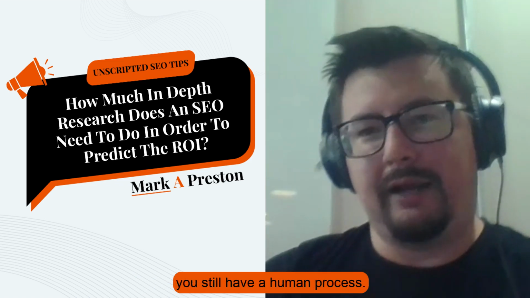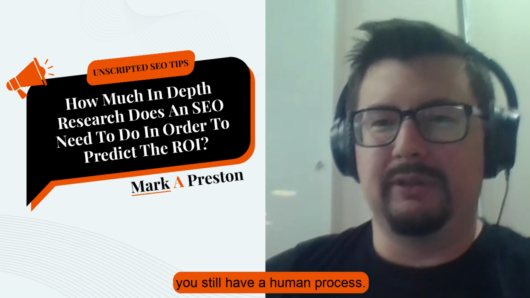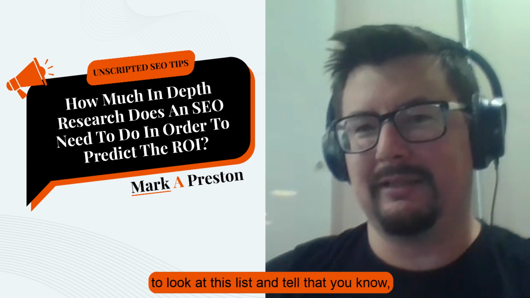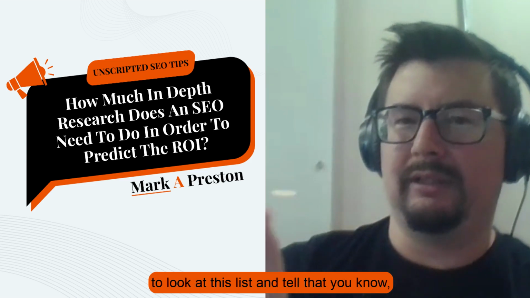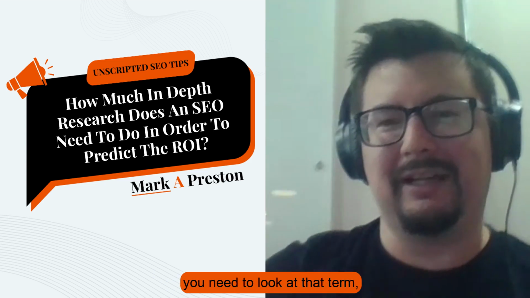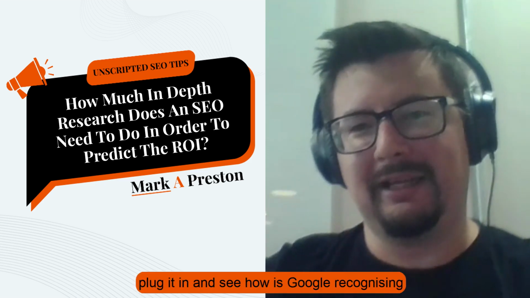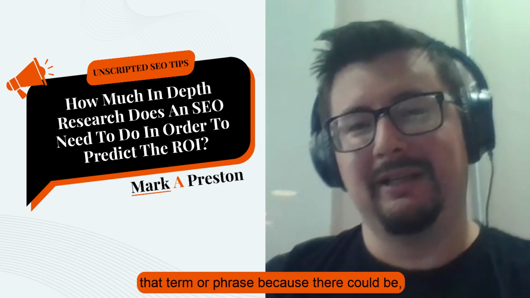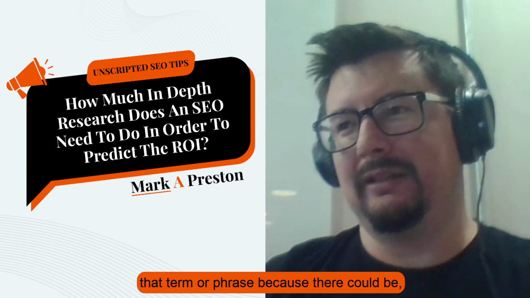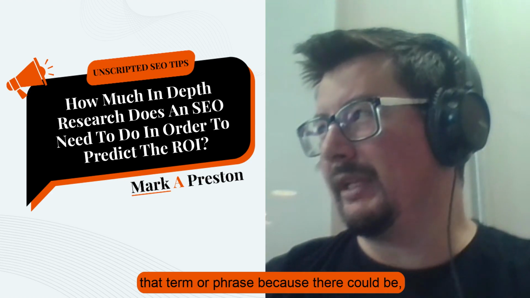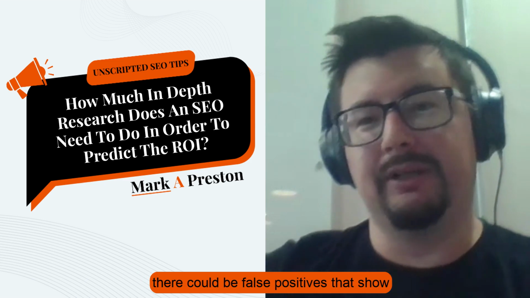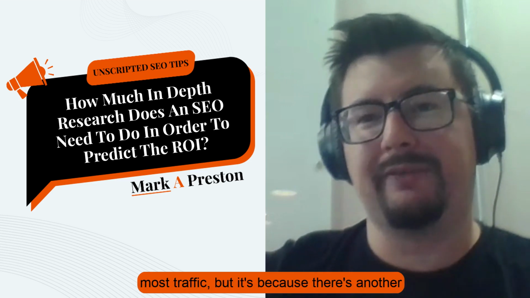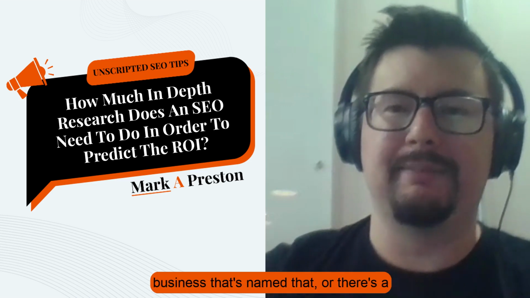And this is the thing. You still have a human process. There is no tool that's going to be able to look at this list and tell that. You have to go to the SERP. You need to look at that term, plug it in, and see how Google is recognizing that term or phrase, because there could be false positives that show a tremendous amount of traffic for a term, and it floats to the top because it's got the most traffic, but it's because there's another business that's named that.